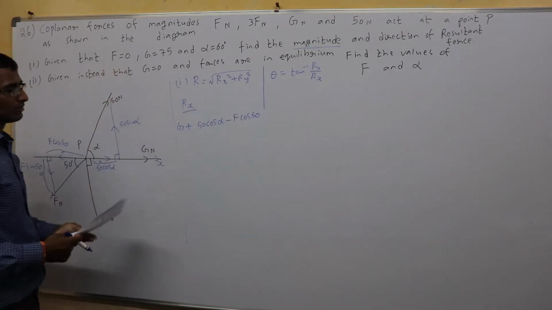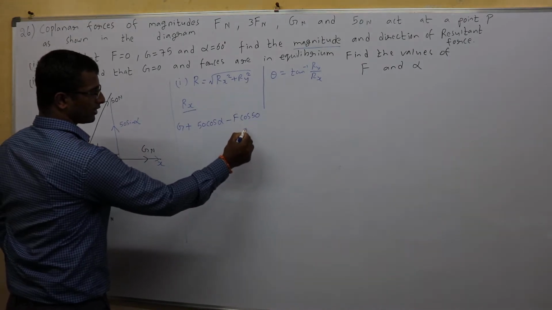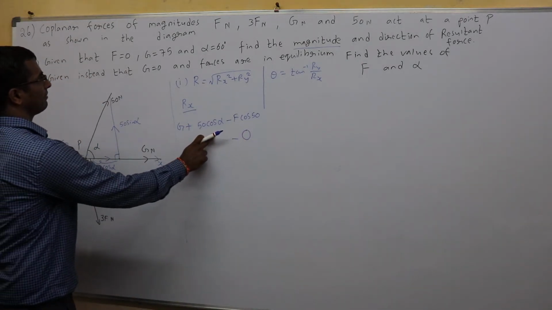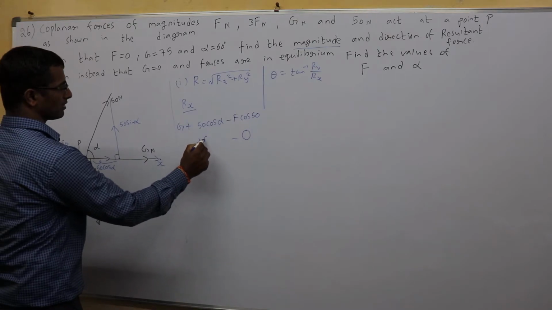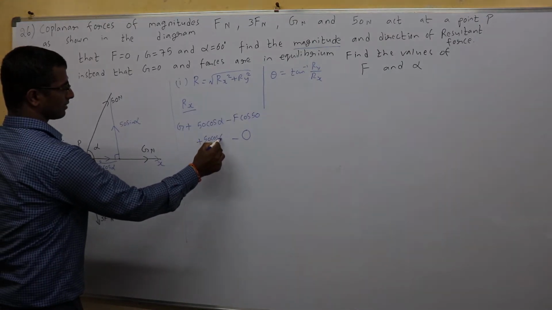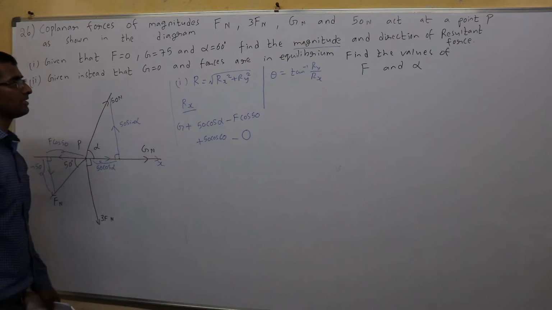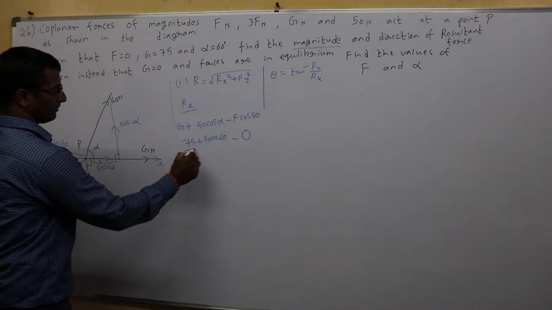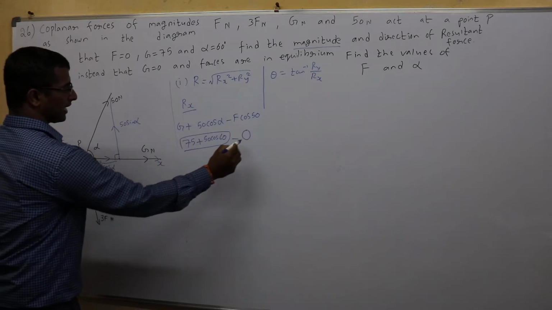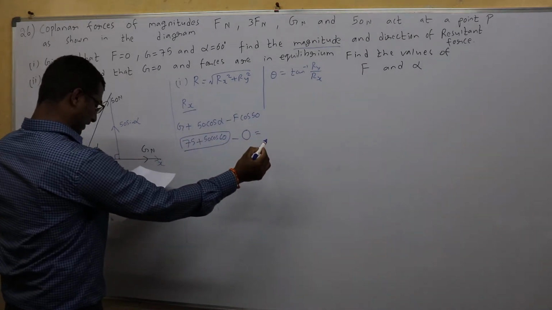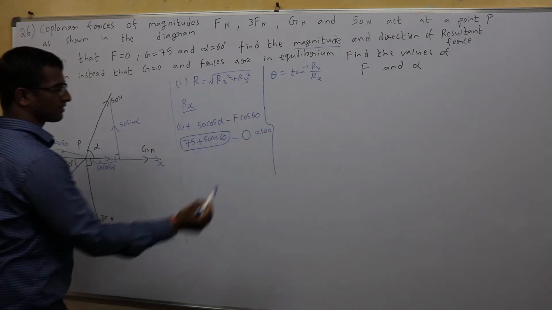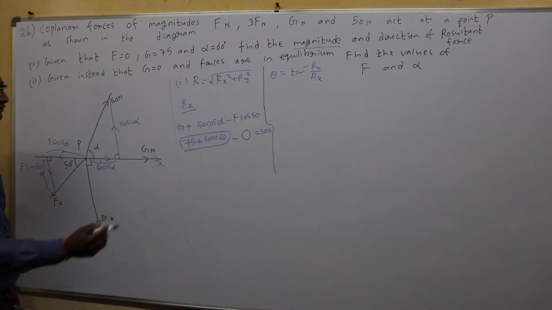F is 0, so 0 into anything becomes 0. Alpha is 60, so plus 50 cos 60. And G is 75. If you put this in the calculator, you get the answer to be 100. That is your Rx.